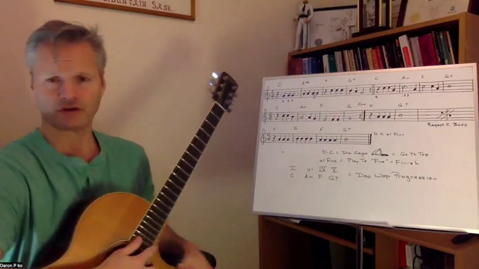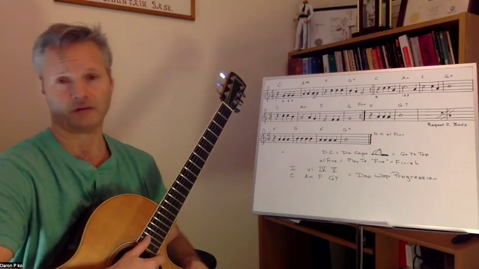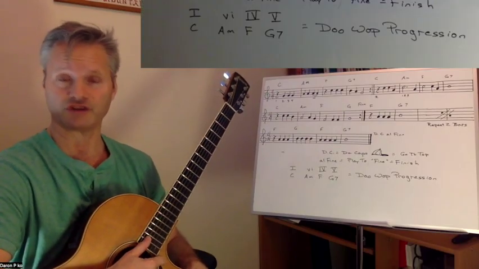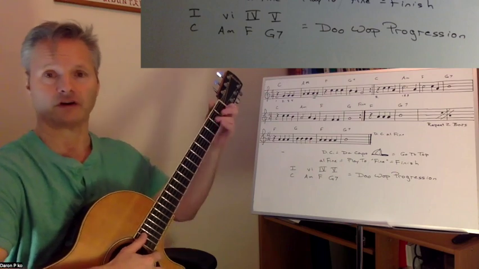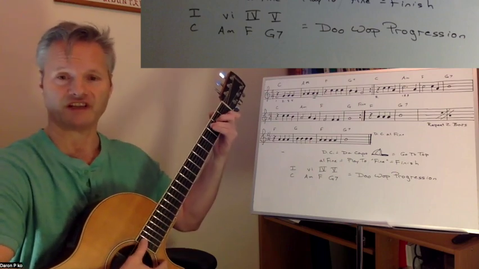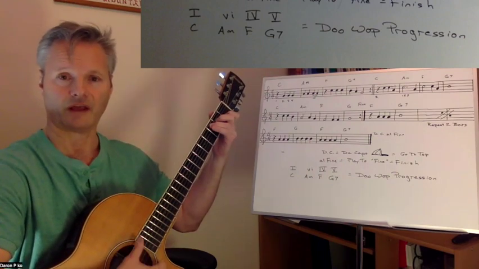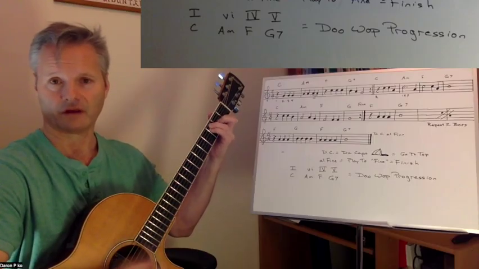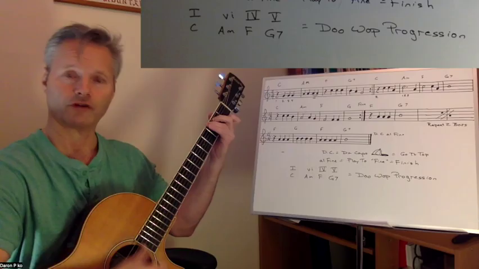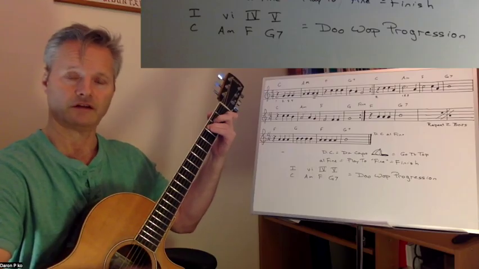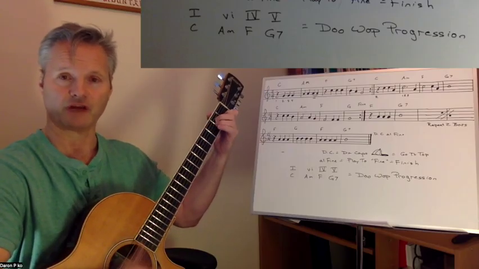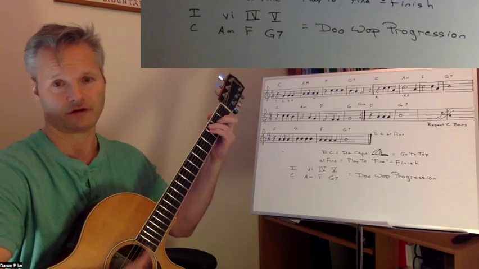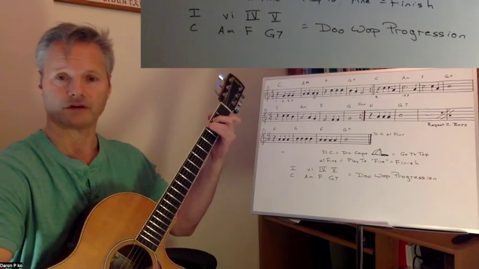The progression we're doing is probably not within your abilities in your first 2 weeks. Put this off for further on in your playing, but we have C's, A minors, F's, and G7s over and over again. 1 to the 6 chord, the relative minor, to the 4 chord, to the 5 chord.